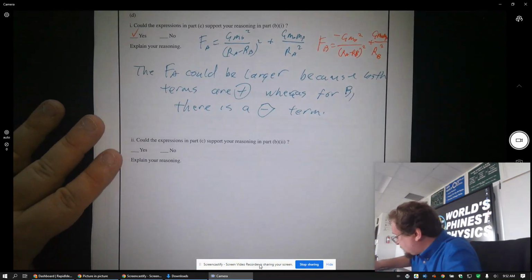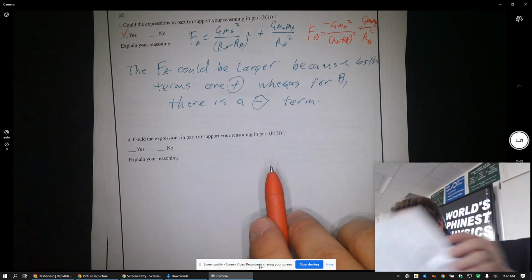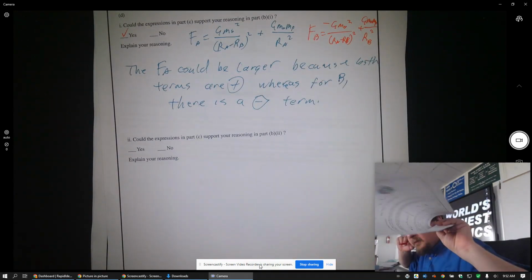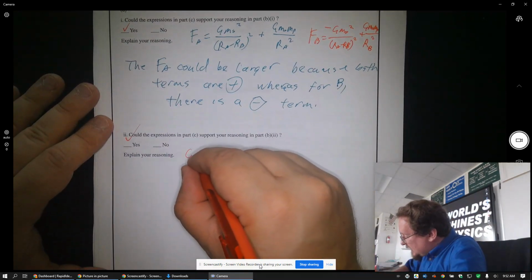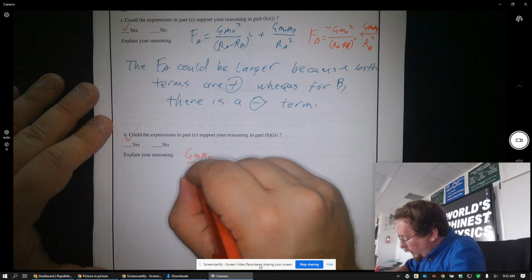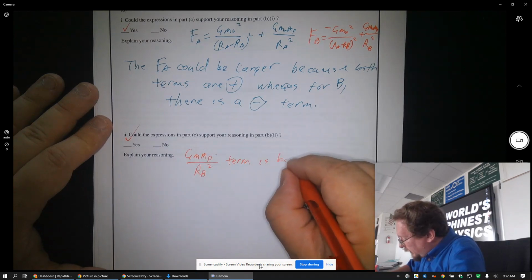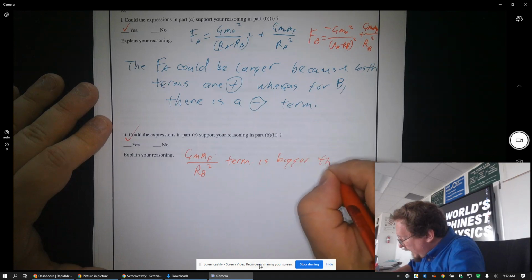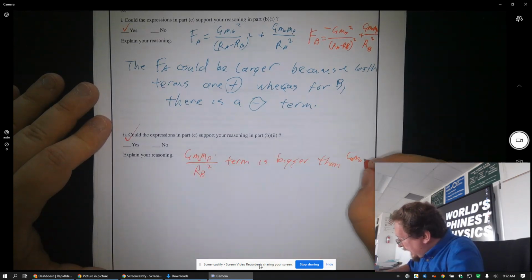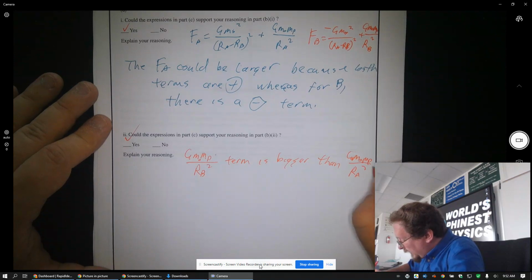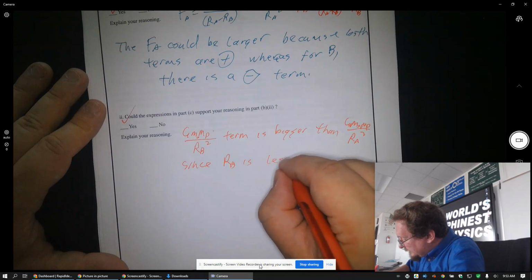Could the expressions in part C support your B2? What was B2? Force on B could be larger, yes. The G M naught MP over RB squared term is bigger than G M naught MP over RA squared, since RB is less.